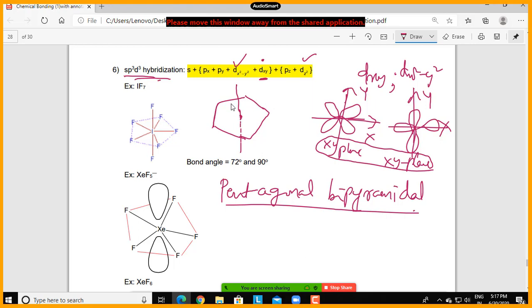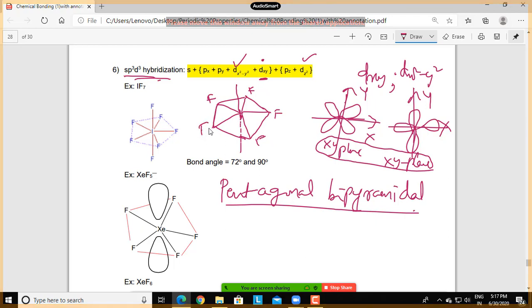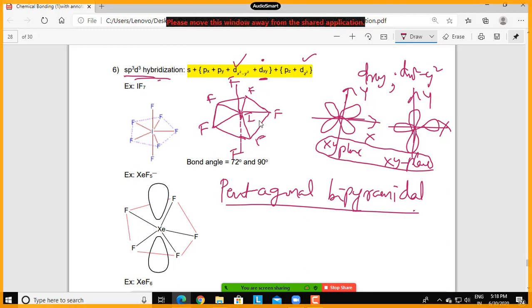So on the pentagon, if you keep an atom here, say one fluorine atom, let us take. This is another fluorine atom. This is the third fluorine atom. This is the fourth fluorine atom. And this is the fifth fluorine atom. And your iodine is there at the middle. And the sixth fluorine is axial. And the seventh fluorine is axial. So in IF7, you will have a pentagon, one half a pyramid and below another pyramid.